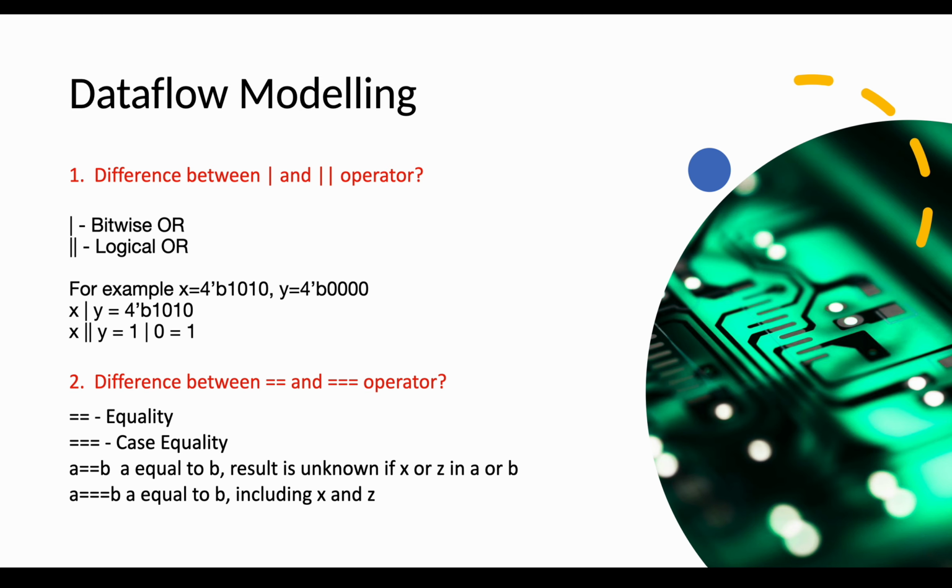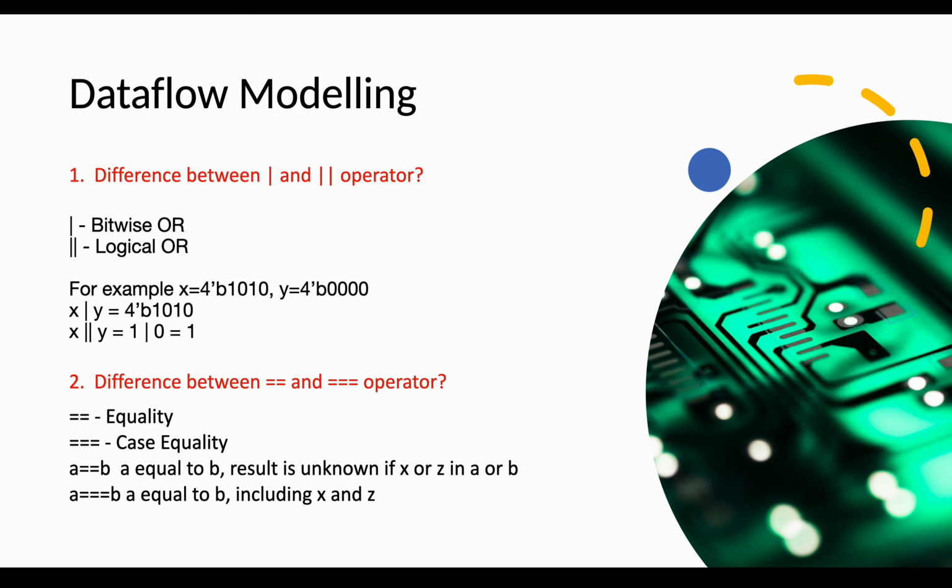Moving on, the second question is difference between double equal and triple equal operator. In both cases, they are equality operators, but double equal does not include the unknown values. For a particular variable, we have 4 values: 1, 0, don't care, and high impedance.